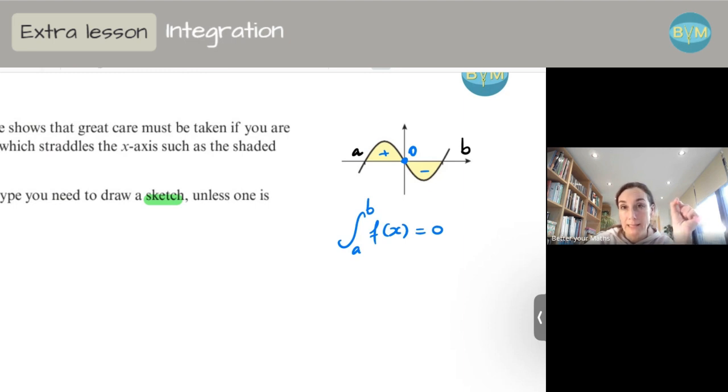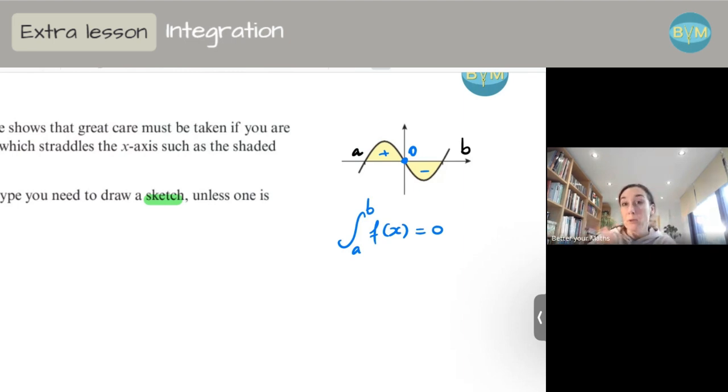In mechanics, probably in year 12 you haven't covered this because it's one of the last topics. When you do variable acceleration, you have graphs. Instead of having constant acceleration, you are integrating graphs to find maybe distances, and if you don't do the sketch, maybe you don't realize that one part of your graph is under the x-axis, and that's subtracting, and you have to split it.